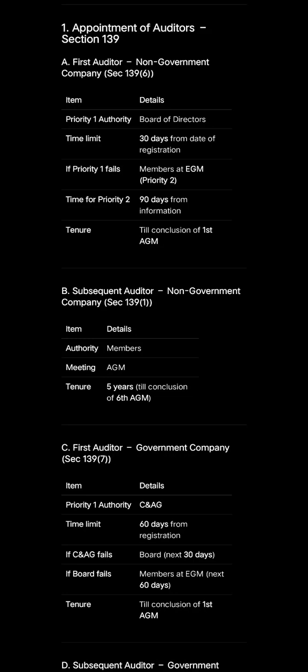All these details we will see in this chapter 10 of the Companies Act 2013. In this chapter, there are 10 sections from 139 to 148. Now, first section 139.